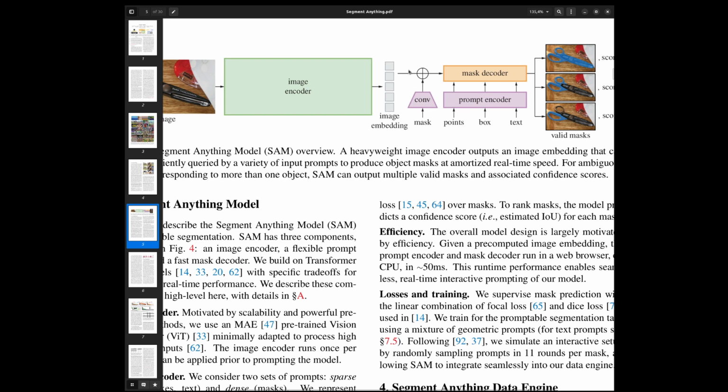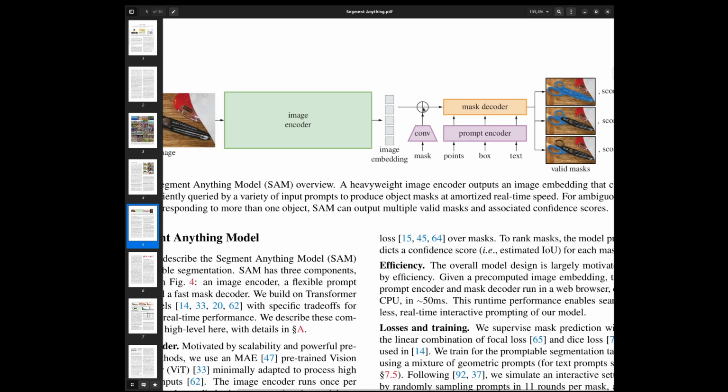It's very interesting that for the mask, they sum it. Why would you sum the mask? I mean, they say it's a dense prompt, right?